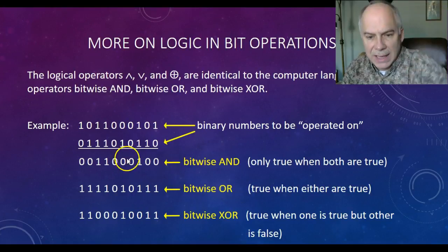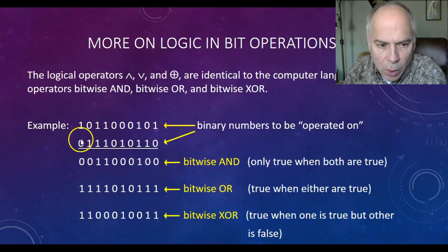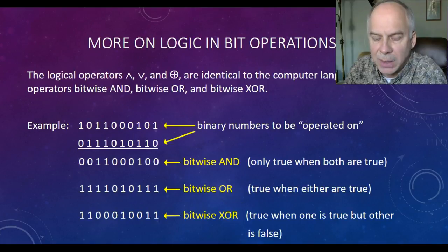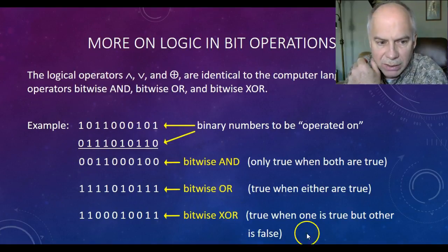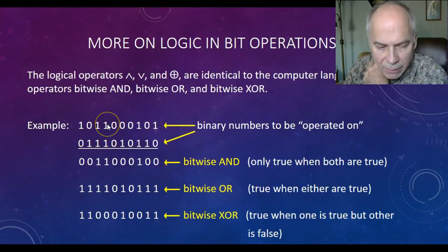So the bitwise AND is really going to look at it bit by bit. So look at the first little column of ones and zeros. 1 and a 0. Well, you have to have both being true. So that's going to be false. Same thing in the next column. But in the third column, you have both of them with a 1, so that's going to be a 1. Same thing with the fourth column.